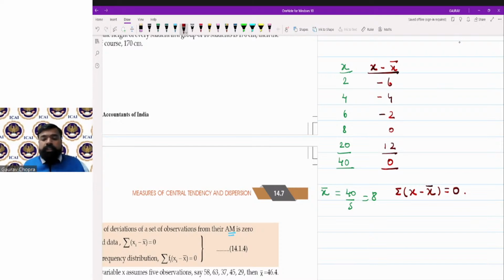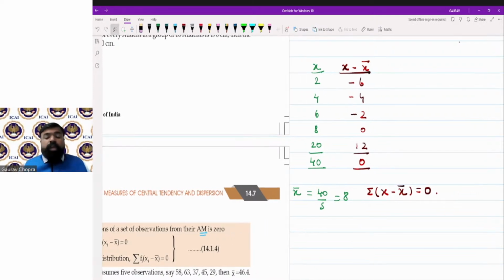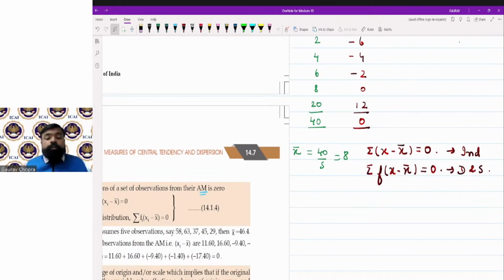In case of discrete series or continuous series, we will find that sigma f into x minus x bar is equal to 0. So it is applicable for individual series as well as discrete and continuous series. This is property number 2.